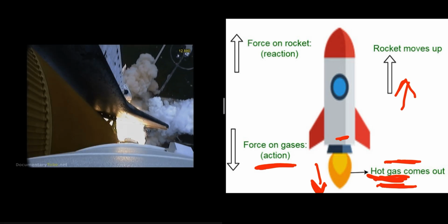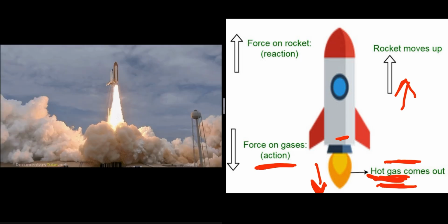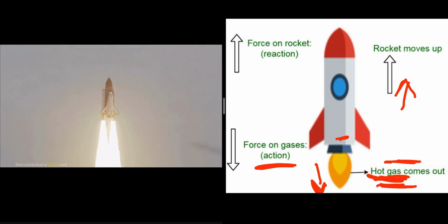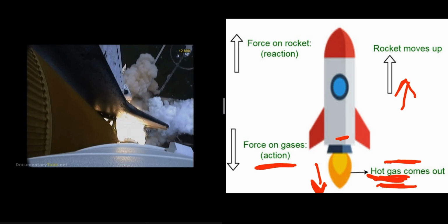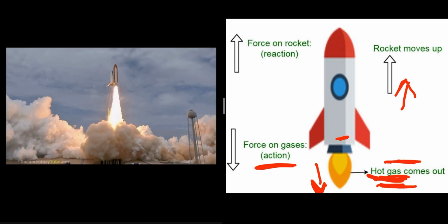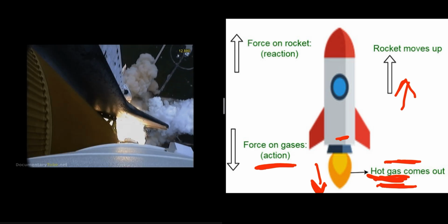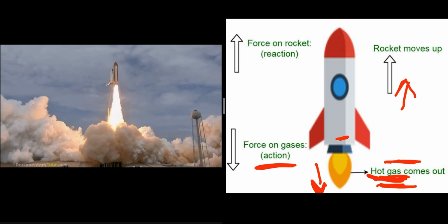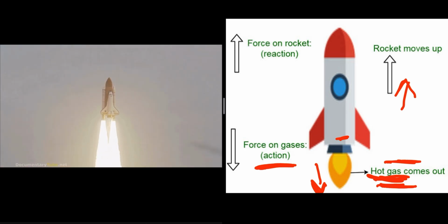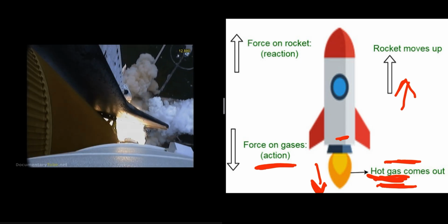You can observe in the video also what they are showing. The gases are coming out in which direction? Downward direction. They are applying an equal and opposite force in which direction, students? In an upward direction. So this is nothing but Newton's third law. I hope all these examples are clear to you, how Newton's law is applicable to these examples.